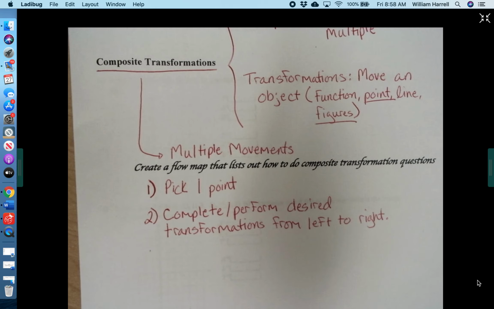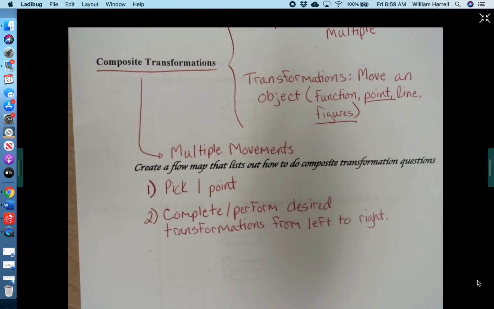It doesn't matter if it wants you to do 1, 2, 3, 4, 5, 6 different transformations. Just do them in the order you see them from left to right. This is really good practice for reviewing translations, reflections, rotations, as well as dilations, because everything is fair game at this point. Again, you're just doing multiple transformations.